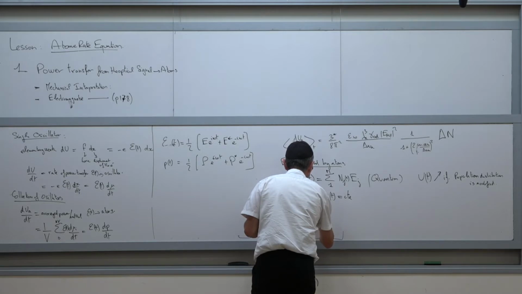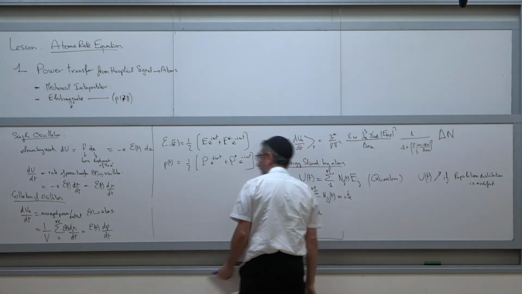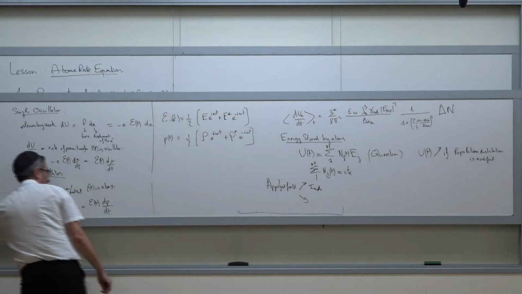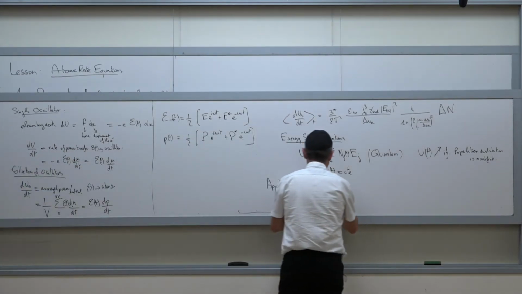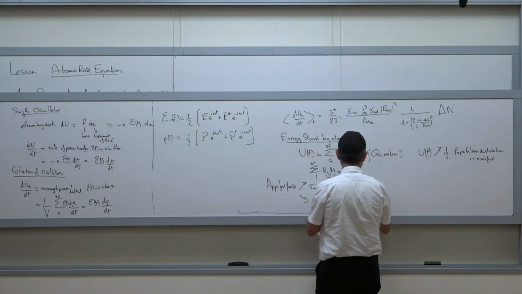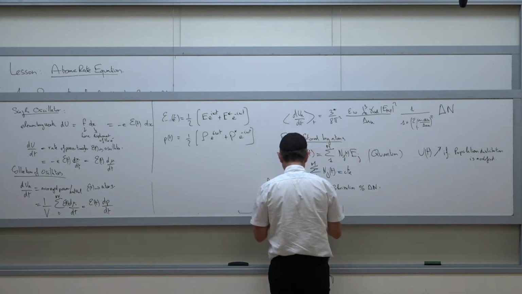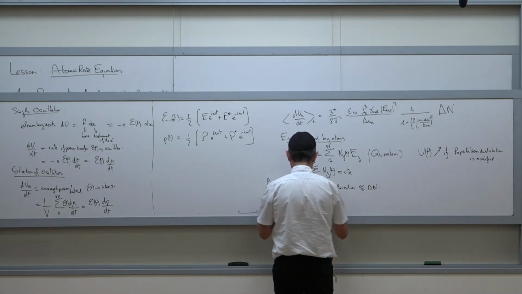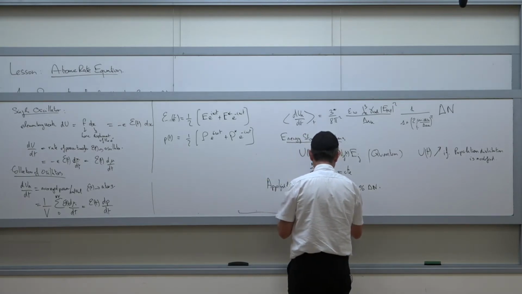Okay, so on one side you have induced polarization, which is proportional to delta n. And on the other side, you have a change in quantum levels population.